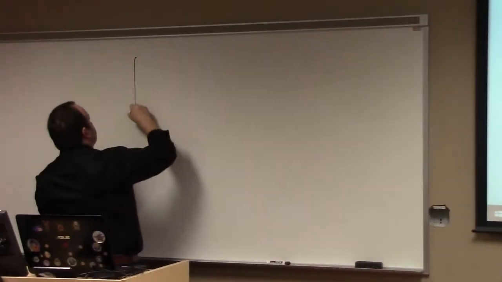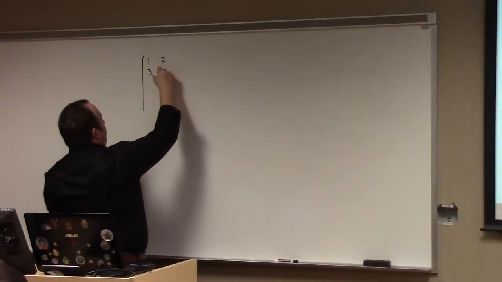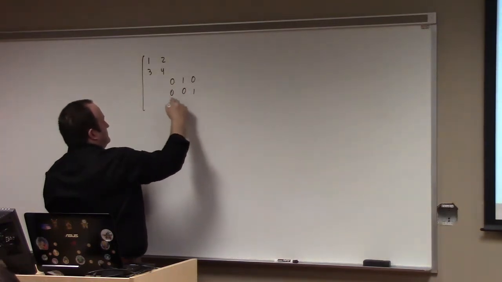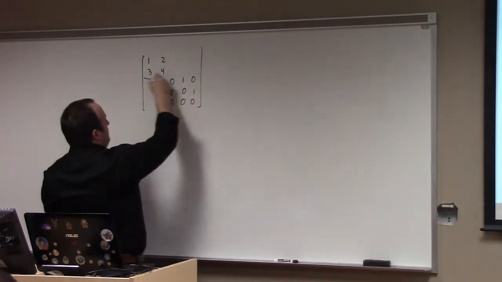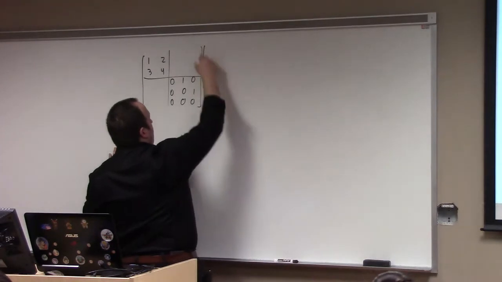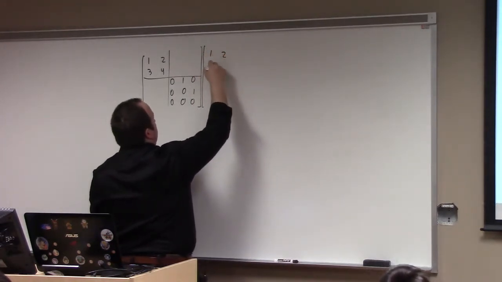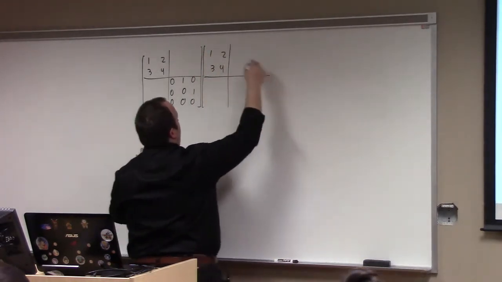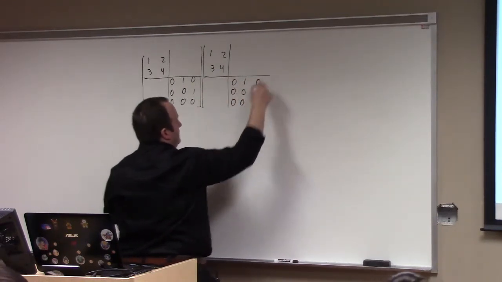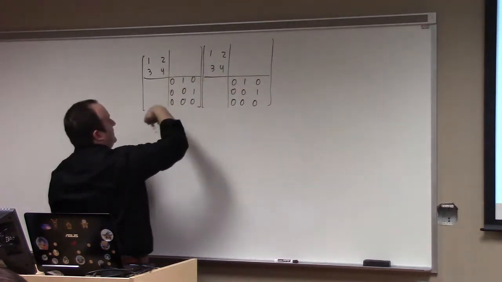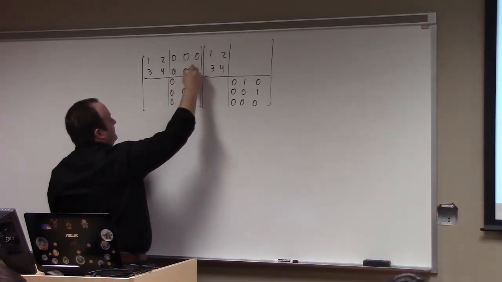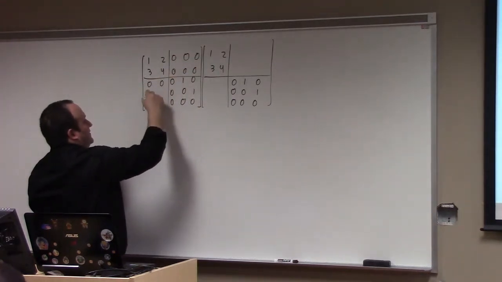If I take 1, 2, 3, 4, and then I've got 0, 1, 1, 0, this matrix, right? And I multiply by itself. I'm saying these are zeros that I haven't written, so I'll write them in. So the off-diagonal blocks are not square, are they?